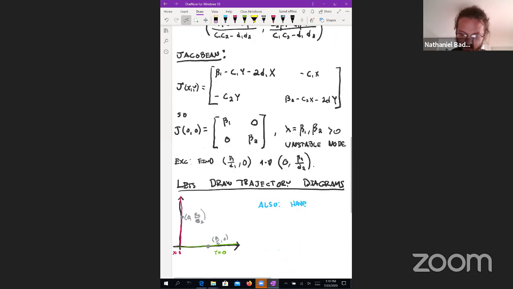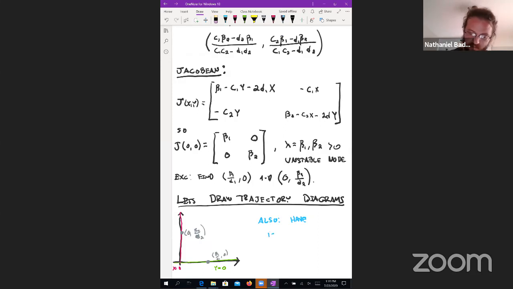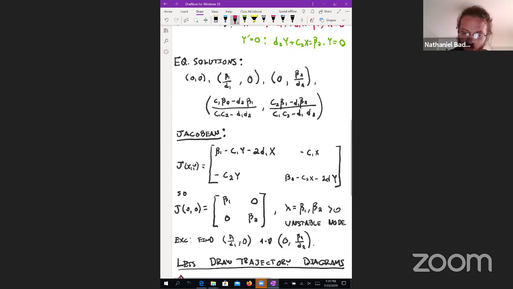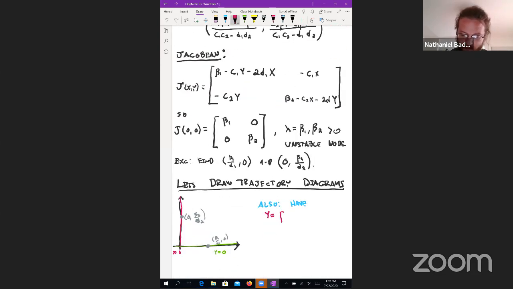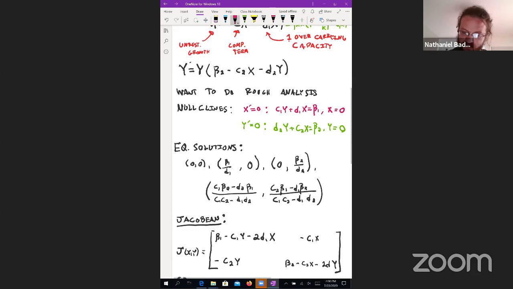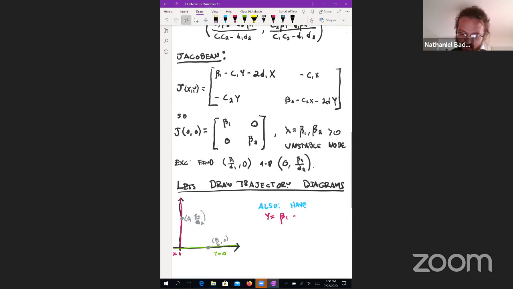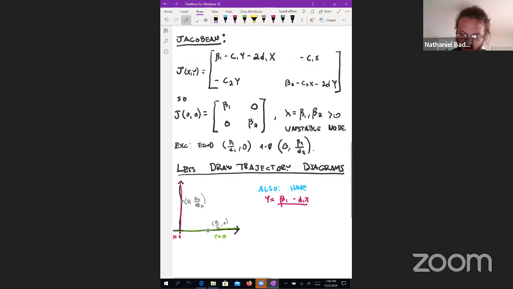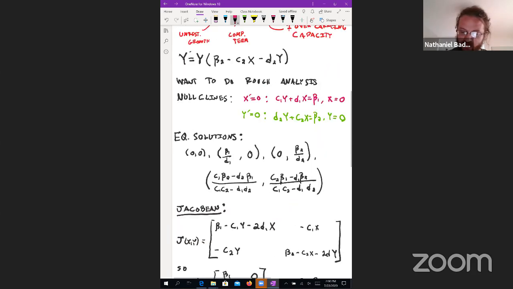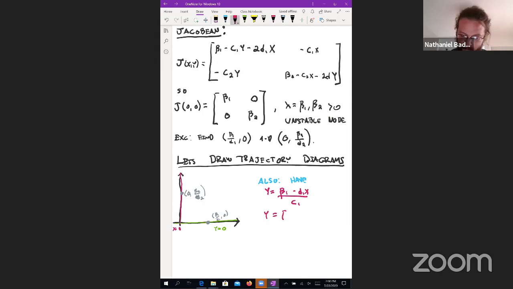So we have y equals (beta 1 minus D1x) over C1, and then y equals (beta 2 minus C2x) over D2.